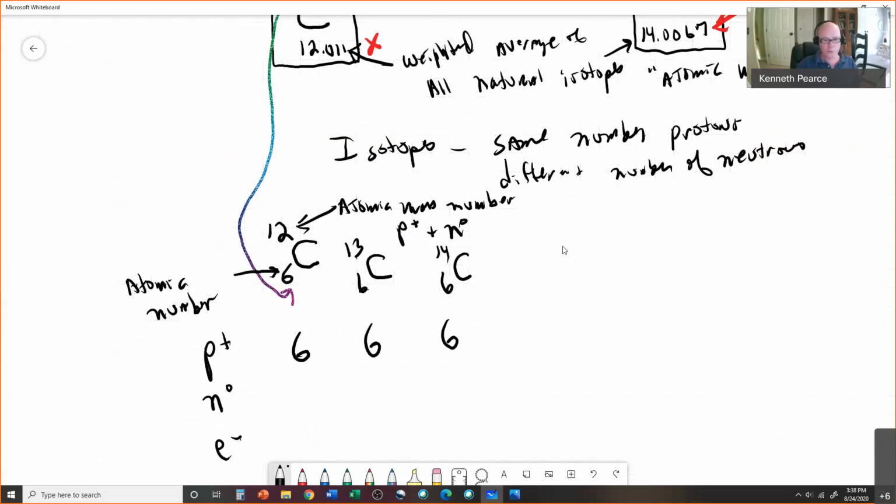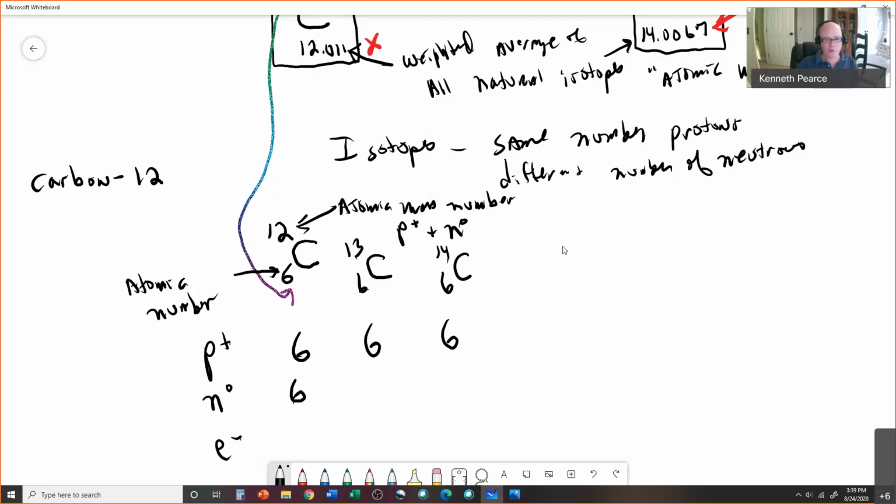And for carbon 12, and that's how we say it, carbon dash 12, that means it's carbon with an atomic mass number 12. And it has 6 neutrons, because if you subtract off the protons from protons plus neutrons, what's left over is the neutrons.